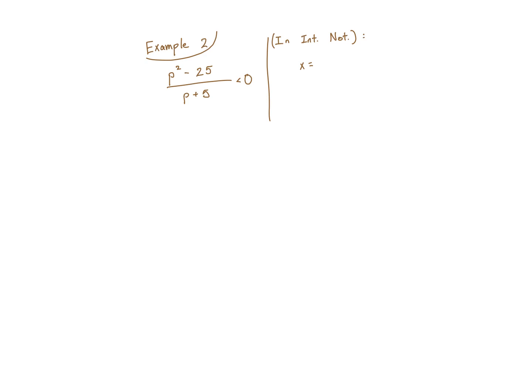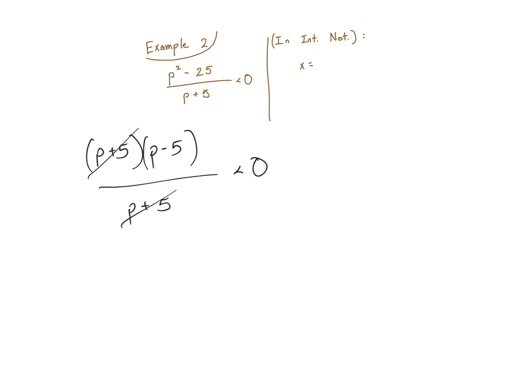Okay, so example 2. Factor. P plus 5 times P minus 5 is the top factorization, right? Does anything cancel out? Yes. This cancels out. So P minus 5 less than 0.